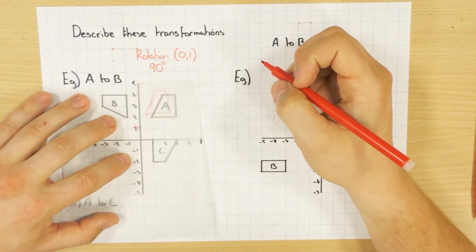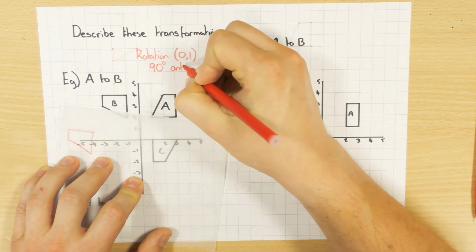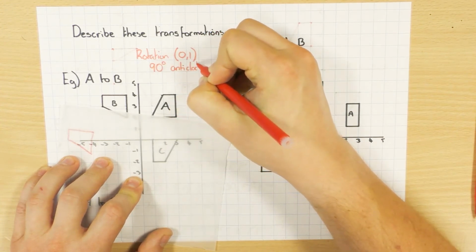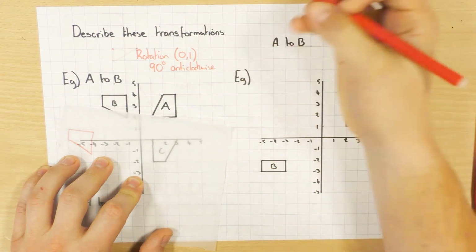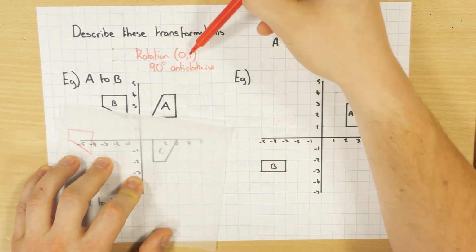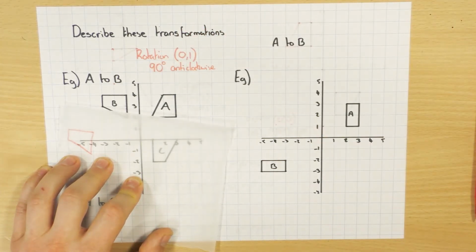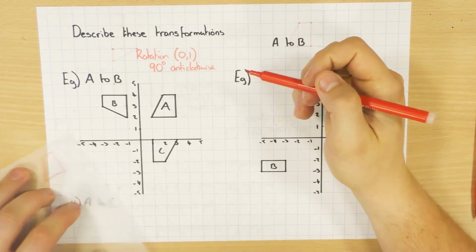And which direction? Well, I've gone round to the left, so it's anti-clockwise. Okay, so there's my 3 bits of information for 3 marks. Rotation for 1, it's around the point 0, 1 for another mark, and then 90 degrees anti-clockwise gets you that final mark in the exam.